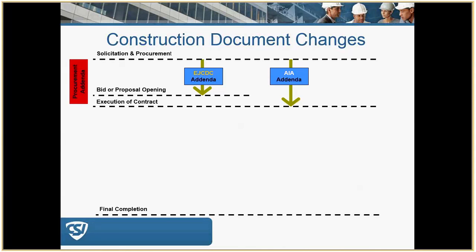That's particularly important to note because EJC-DC documents are often used for civil work, which is more than likely publicly funded. The AIA documents, note, are often used for private projects. And so, again, like I said before, there can be changes up through the execution of the contract.